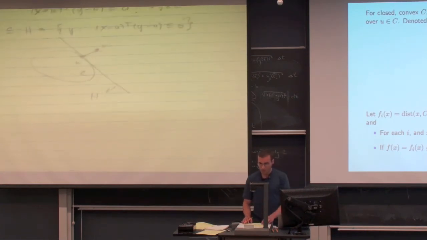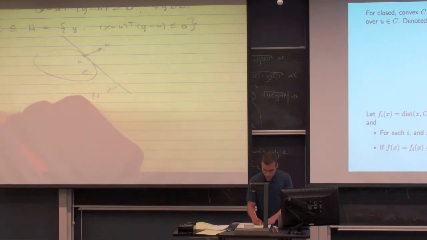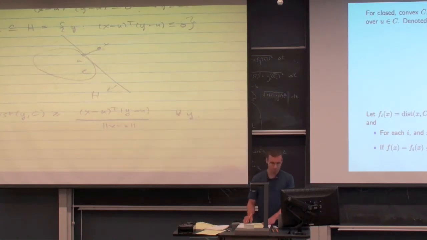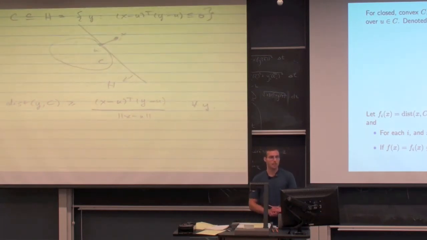Okay, so now I claim that the distance between y and C is bigger than or equal to (x minus U) transpose (y minus U) all over the norm of x minus U, for any y. That's my next claim. Okay, so we have to check this for two things.